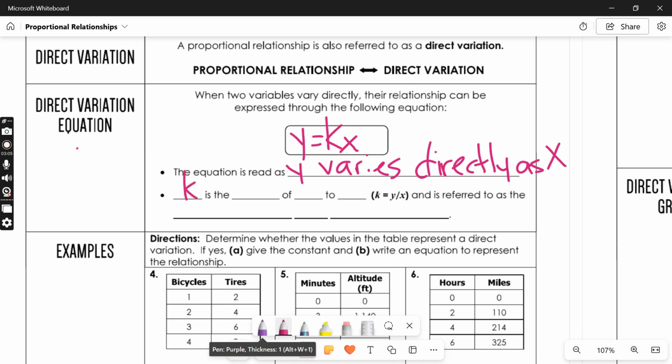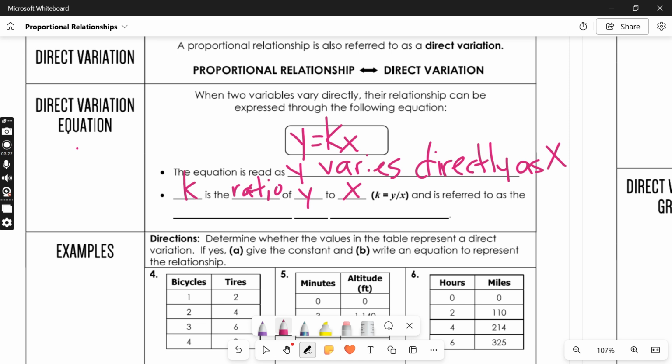K is the ratio of y to x. That means I can do y divided by x, which is what we were doing before.